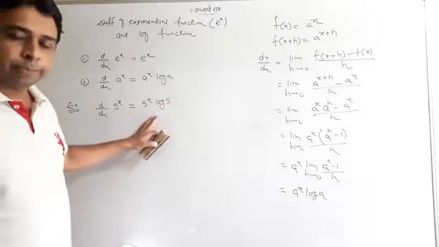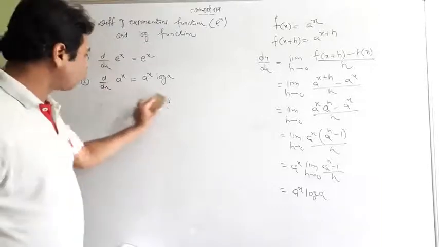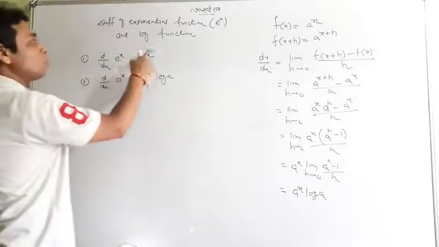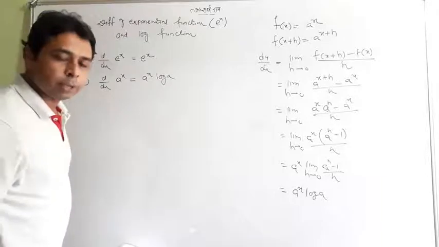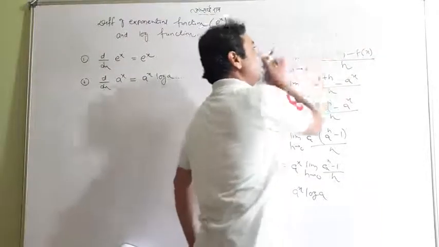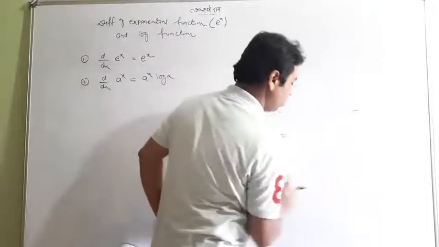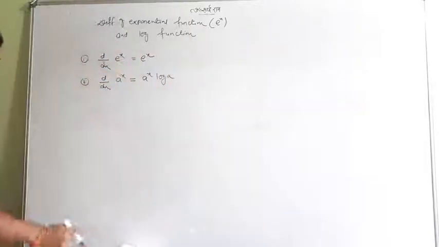This is the answer by this formula. So we have got two formulas till now. You can understand here that for e to the power x we have this differentiation, and for a to the power x we have this particular differentiation. Okay, let me rub this, and now I'll move on to more formulas in very short.